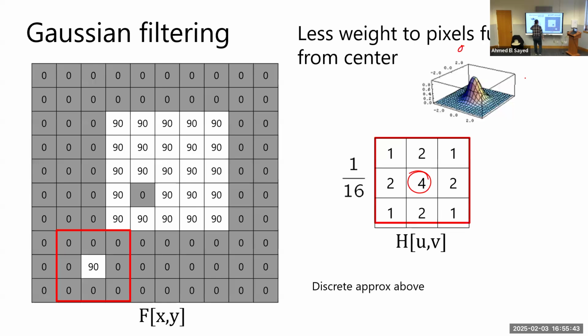This is what we call the Gaussian filter. The Gaussian filter is a discrete filter that approximates the continuous bell shape, regular bell shape. The regular bell shape has an area under the curve equal to what?